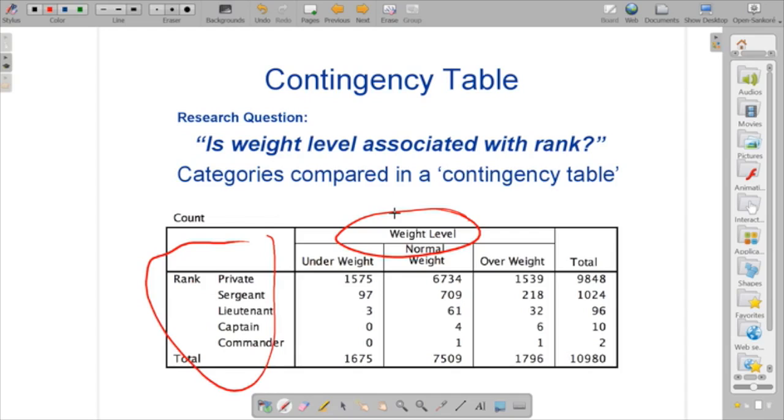And then for each rank, say captain, I've counted the number of times that we find a captain who is normal weight. In this case, there's 4. And say, how many sergeants are there who are overweight? 218.